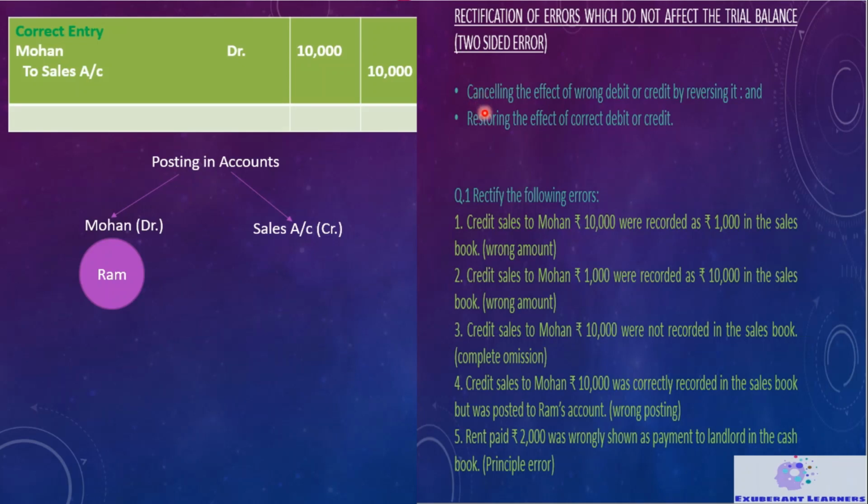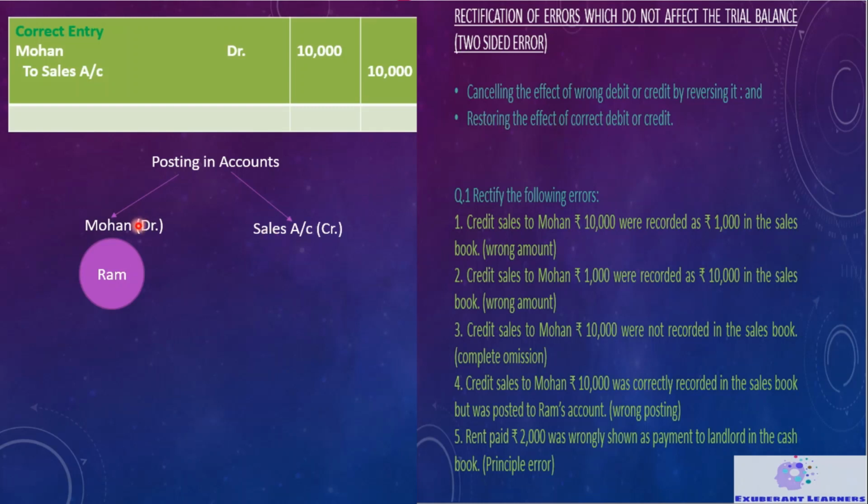So moving to these steps, cancelling the effect of the wrong debit. This is the wrong debit. How to cancel it? Reverse it. So the wrong debit is to be cancelled by reversing. That means Ram we are going to credit to cancel the effect. On the other hand, restore the effect of the correct debit.